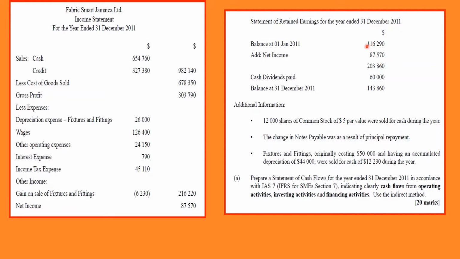This shows us the retained earnings movement, what was done with the net income. Okay, so from these bit of data, we are going to compute the cash flows statement. So stay tuned for the workings coming up.